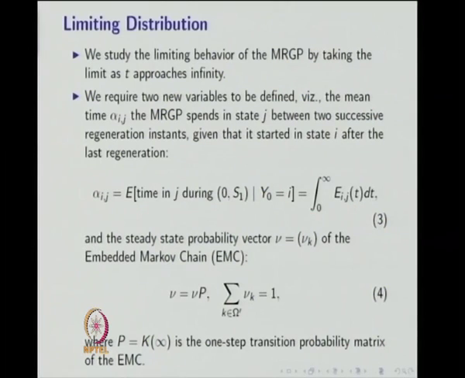So, this is nothing but the average time spent in the state j, given that it was in the state i at the last regeneration. Alpha of i comma j is the expectation of the time in state j during the interval 0 to S1, where S1 is the first regeneration time instant, given that the system was in the state i at the last regeneration time.